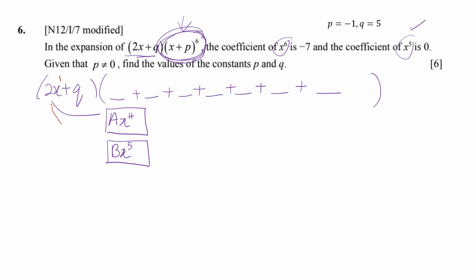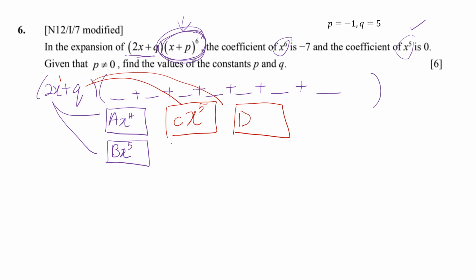Then how about q? The q is just a constant, so q will have to multiply with what term? Of course, you have to multiply with x to the power of 5, and also multiply with x to the power of 6.